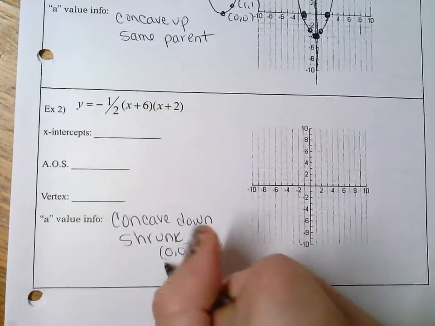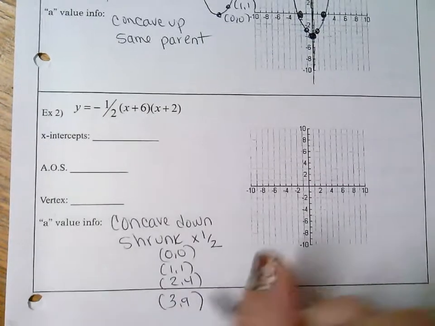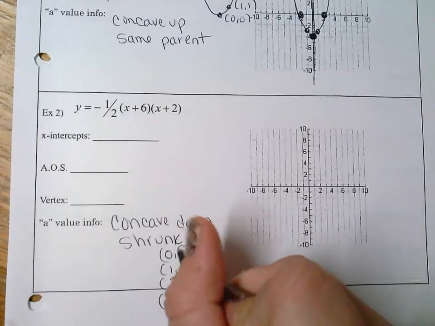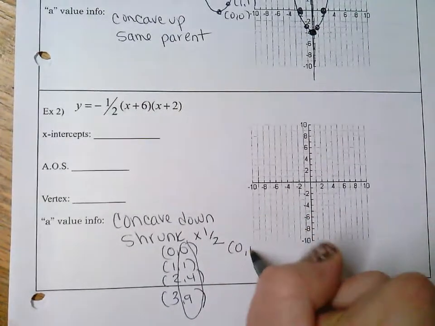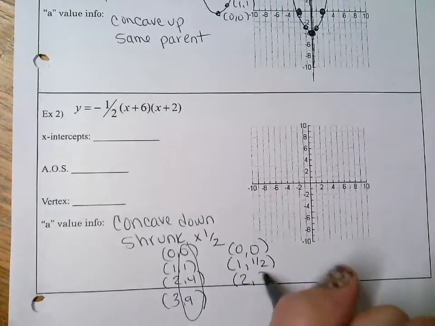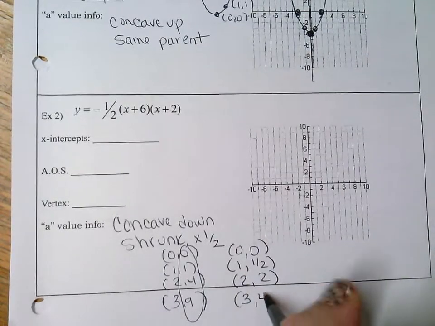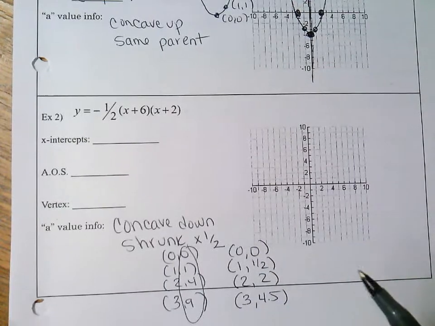What does that become? Multiply all your y values times half of the steepness. 0, 0, 1, 1/2, 2, 2, and 3 comma 4.5. So all the same x values, but different y values.